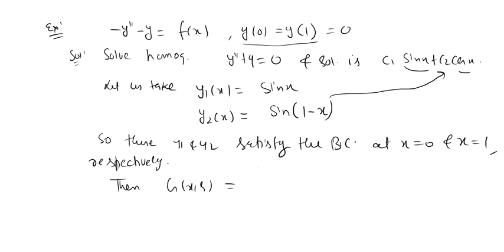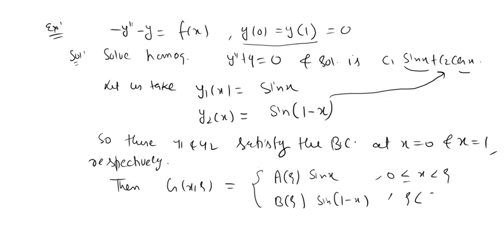they will have the form, and if you write collectively, they will be a(xi) sine x and the second will be b(xi) sine(1 minus x), and xi less than 1, and applying continuity conditions as we did in the article, or you can write directly.